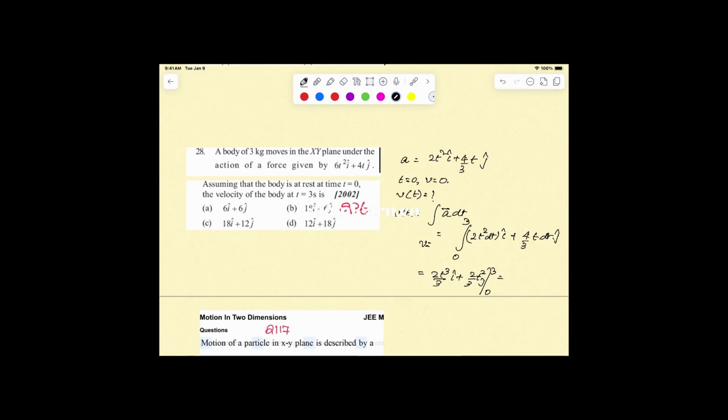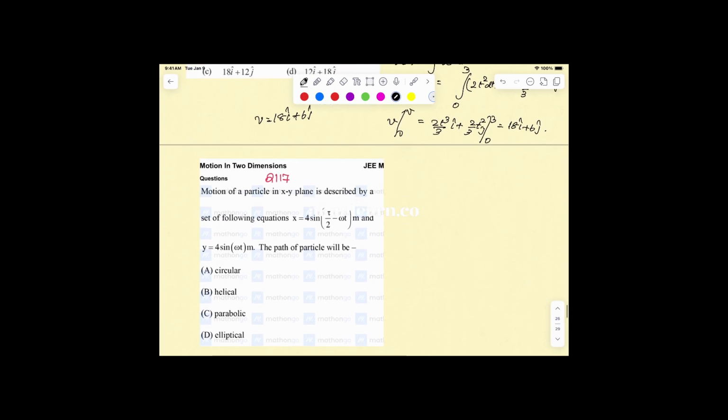Therefore, this becomes 3, 9, 18 i cap plus 9 goes 3, 6 j cap. This is the velocity at t, because the lower limit is 0 and the initial velocity is given as 0. Therefore, the answer is 18 i cap plus 6 j cap. Answer B. Right? Fine. We go to the next question.